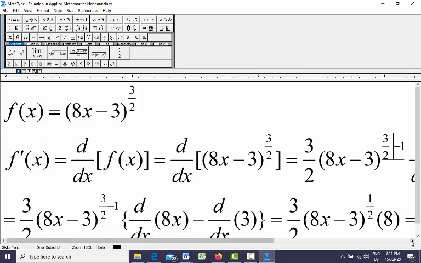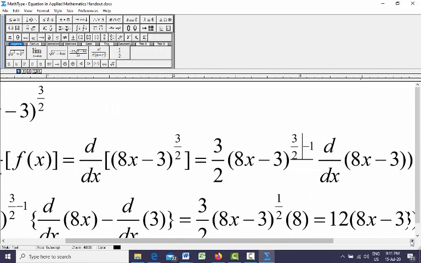Right. So after we do the differentiation of the power, up to this one is the differentiation of the power. We will bring the power first, and then from the power we will deduct 1. So this is for the power.